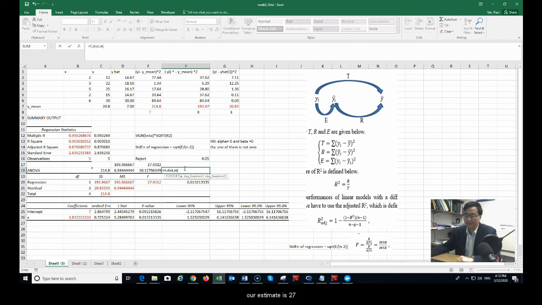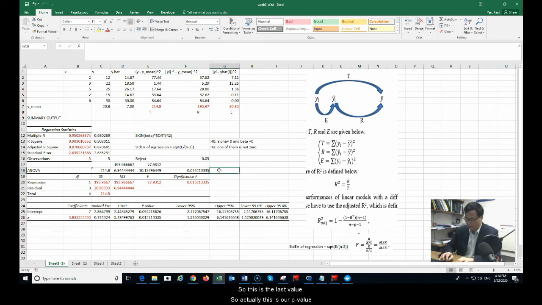Our estimate is 27. Degree of freedom 1 is 1. Degree of freedom 2 is 3. So we replicate this one again. So this is the last value. This is our p-value.